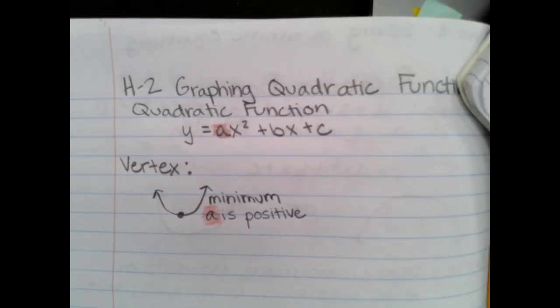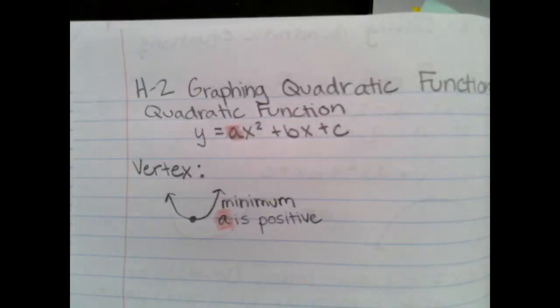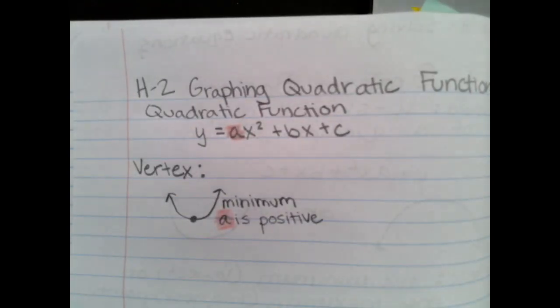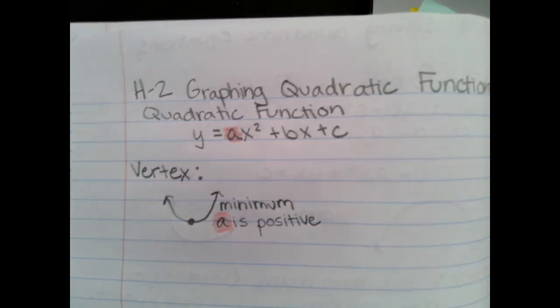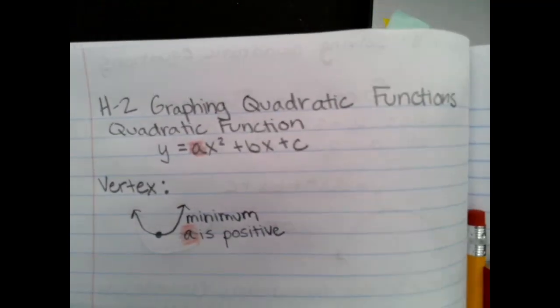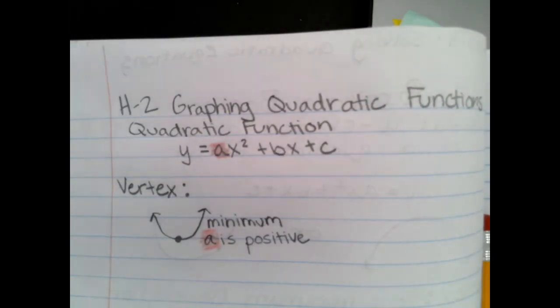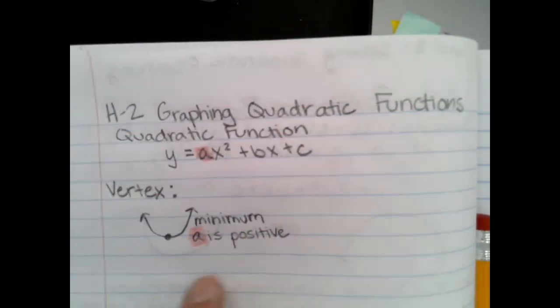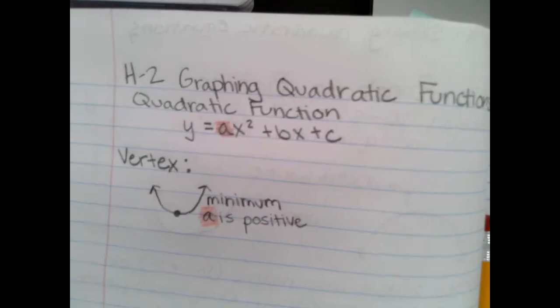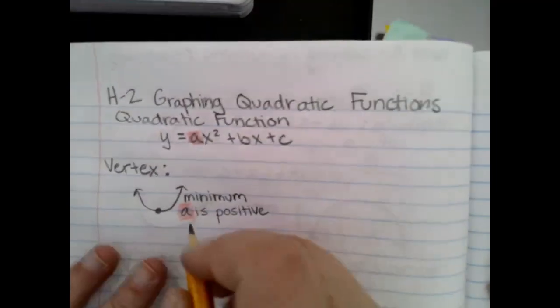And I kind of think of it like how Andrew thought of it. What does that look like if I'm positive? Means I'm generally happy, and if I'm happy, I'm smiling. So it kind of looks like a smile. Okay? So A is positive.